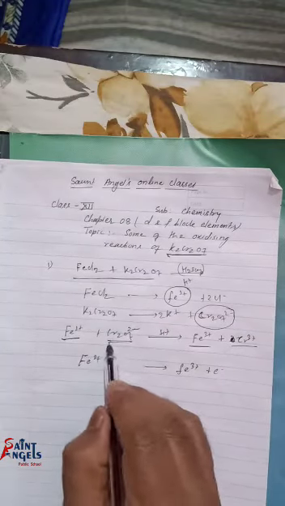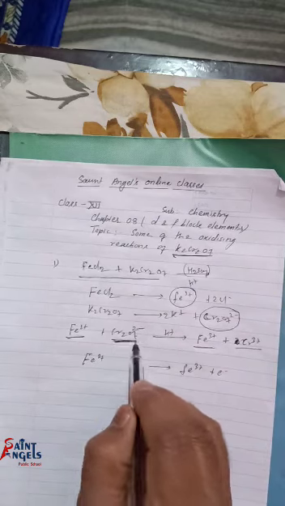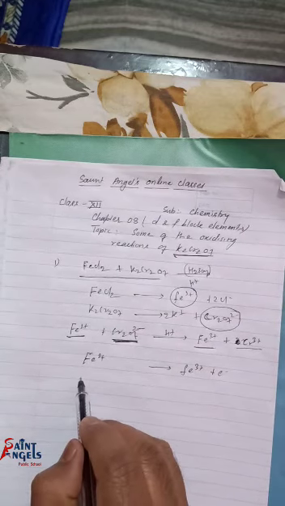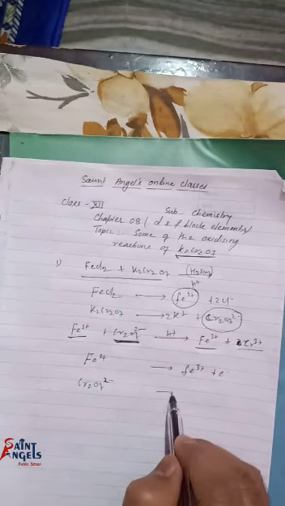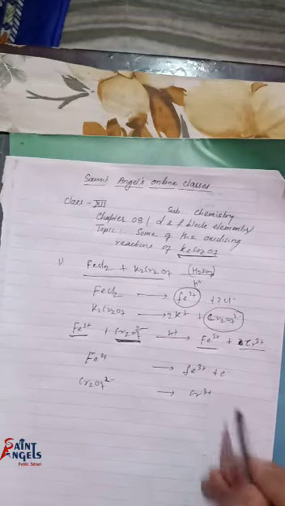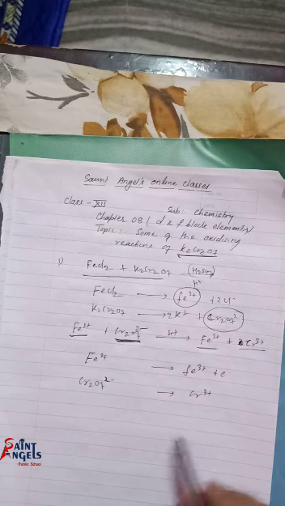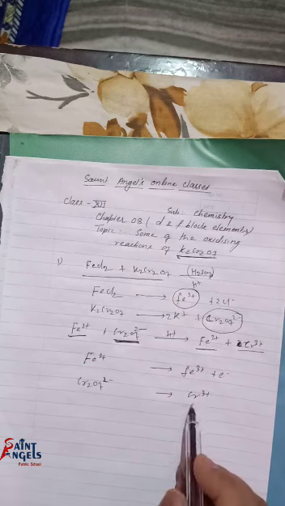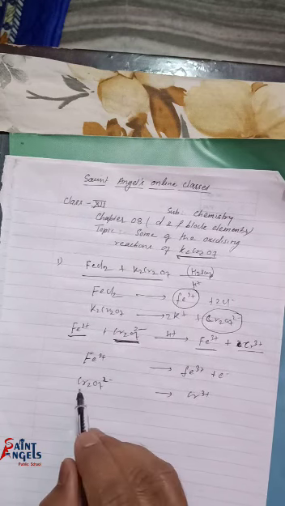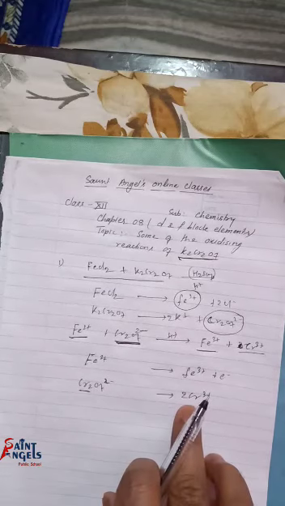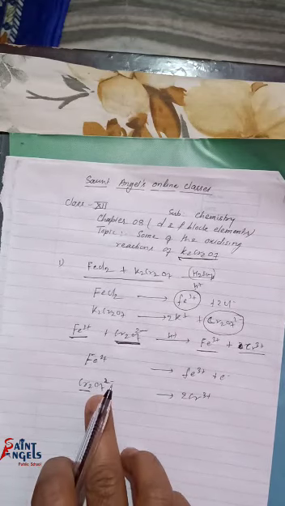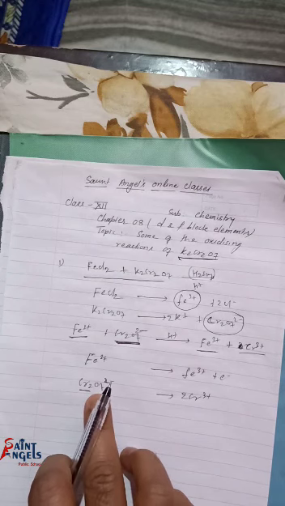Now for the reduction reaction, take this half reaction: Cr2O7 2- will give Cr3+. Now you have to balance the chromium first, there are two atoms, so put 2 here. Now chromium is balanced, but now you have to balance the oxygen atoms.